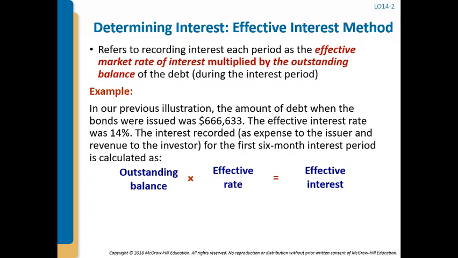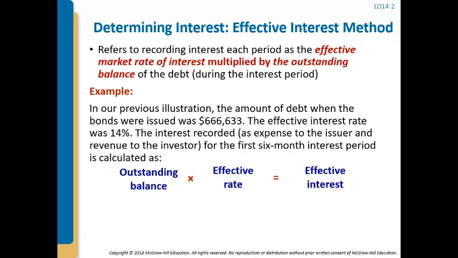And so, for instance, at the first payment, the outstanding balance is $666,633. They're going to multiply that amount times 7%, the effective interest rate, and they come up with 46,664. And so that amount less the face amount that's going to be paid on the bond in interest is the amount of the discount reduction. So that's your amortization amount.